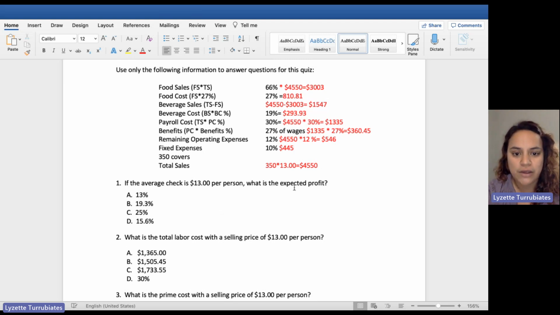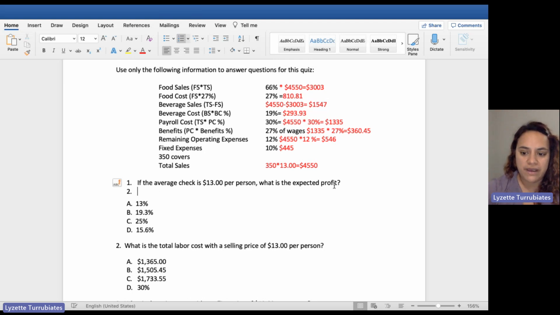So in order to calculate profit, we have to add up all those expenses. I'm just going to abbreviate: food cost, beverage cost, payroll cost, our benefits. That one I'm going to spell out because it's kind of hard to write. I'm going to put remaining operating expenses and fixed expenses, right?